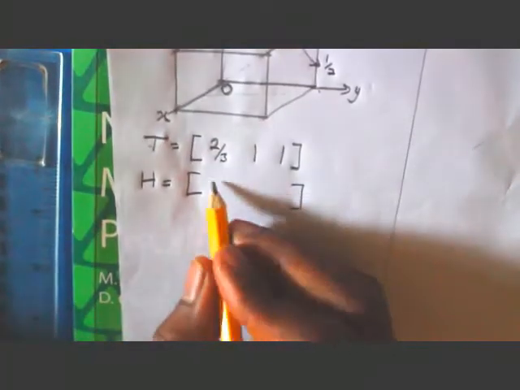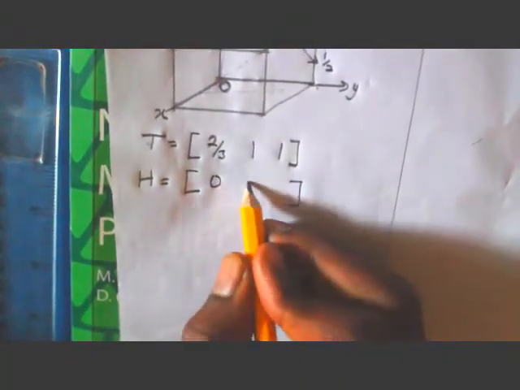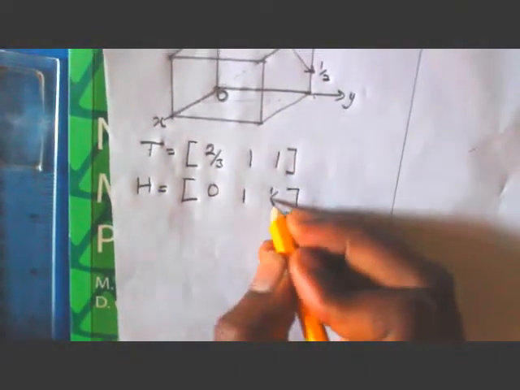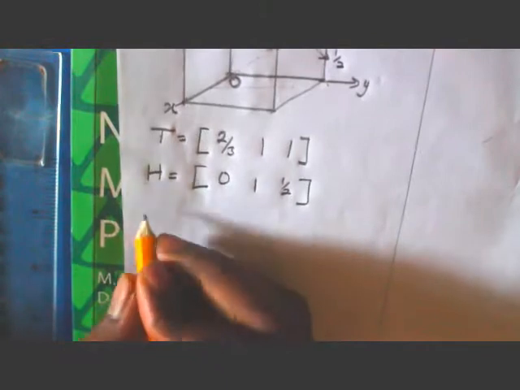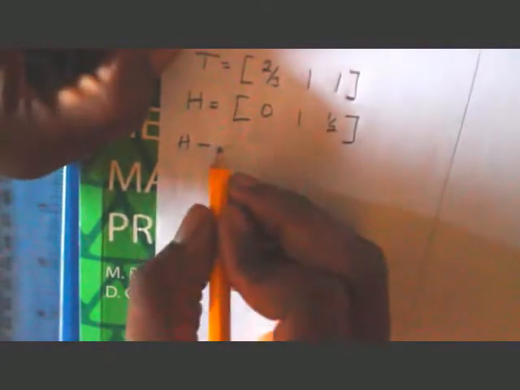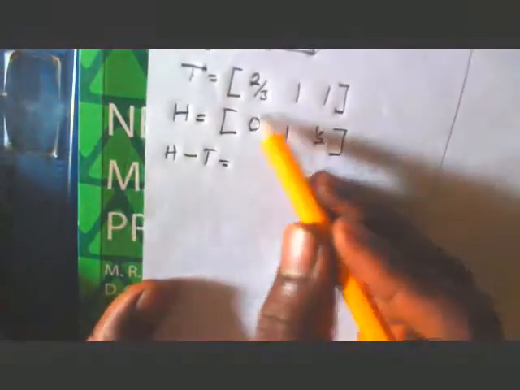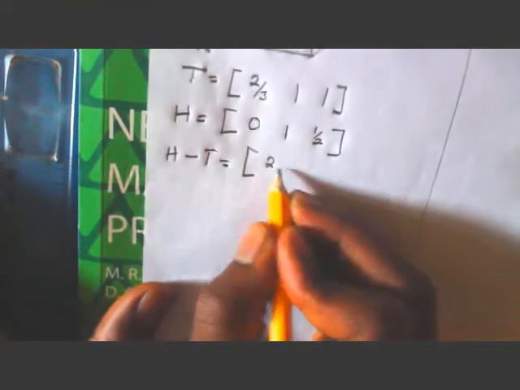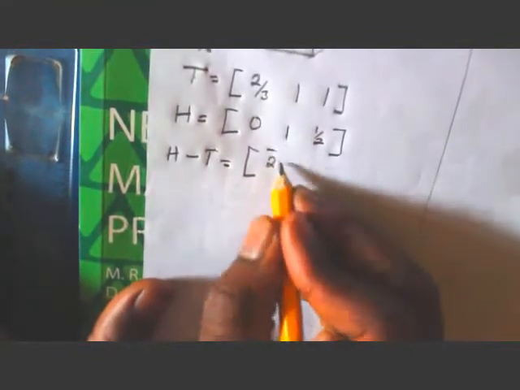So 0, 1, 1/2. Just subtract head minus tail: 0 minus 2/3 will be minus 2/3.